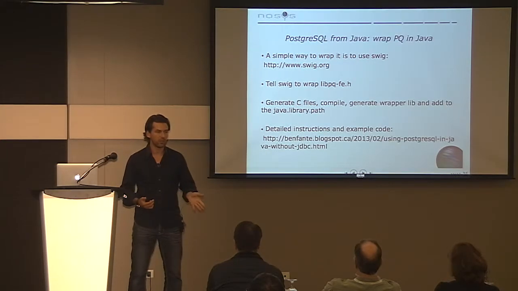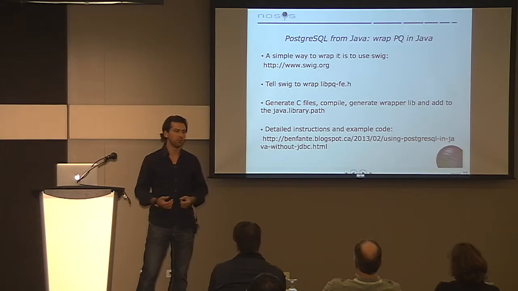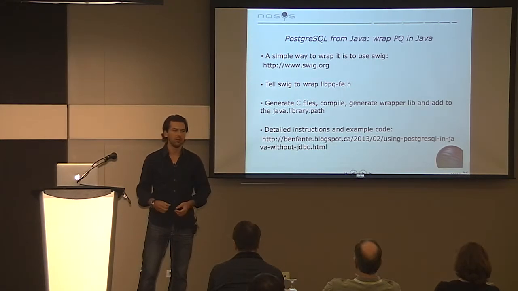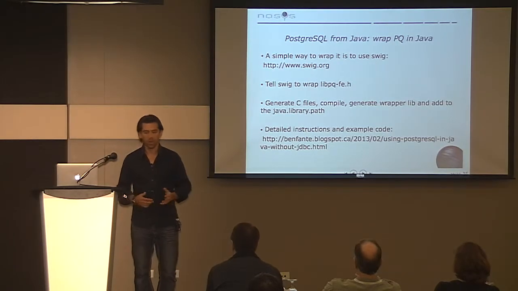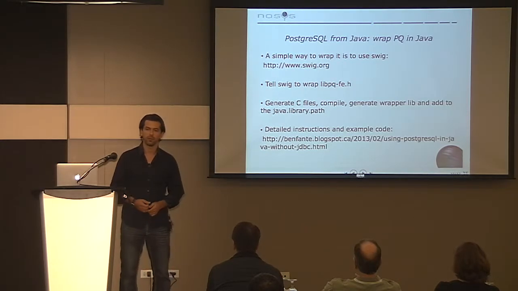And then you can call methods and use the libpq library underneath to call whatever methods are supported in libpq from Java. So again, this is another way of doing it, and again, it kind of works. Some special cases for doing this.